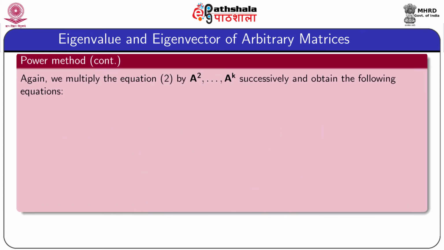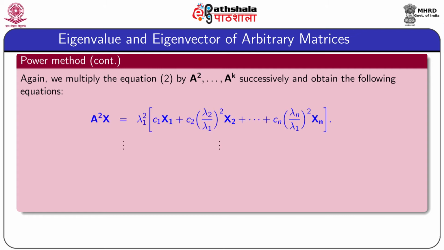Again we multiply the equation 2 by A square, A cube, dot dot dot A to the power k successively and obtain the following equations. The equation 5 is obtained when the equation 2 is multiplied by A square. That means A square x equal to lambda 1 square into c1 x1 plus c2 into lambda 2 by lambda 1 power 2 into x2 plus dot dot dot cn into lambda n by lambda 1 power 2 into xn.